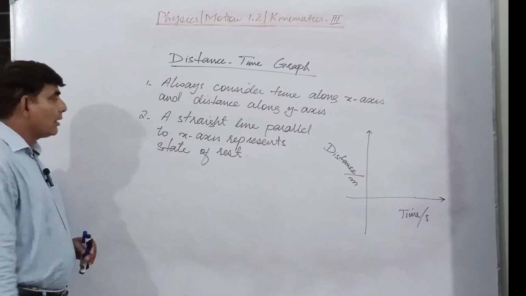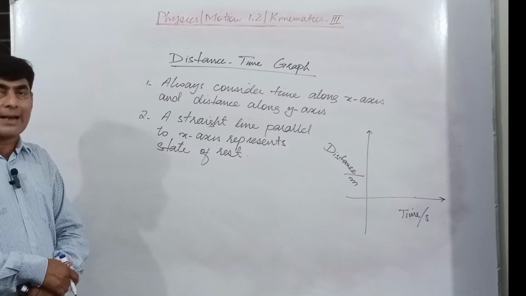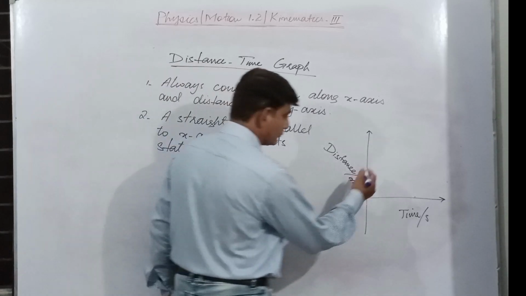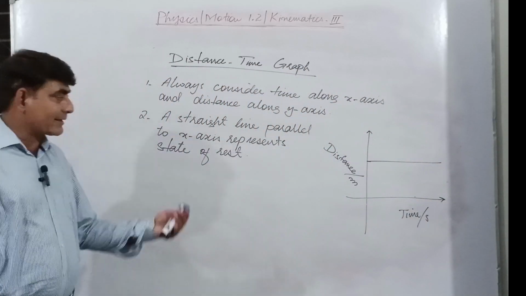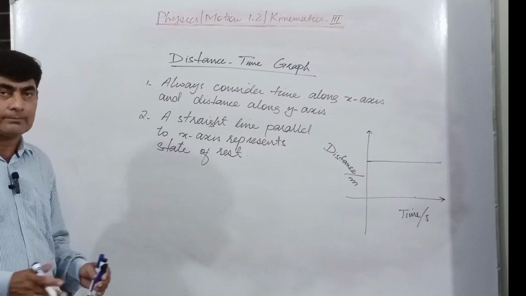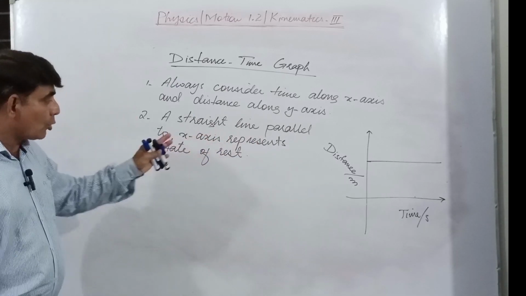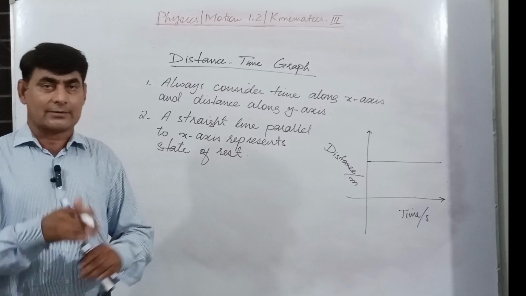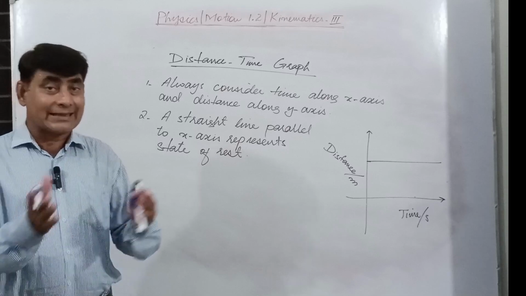So no movement, no change in position, right? Like this, this line is parallel to the time axis or x-axis. It means no further distance is going to be covered. But a line not parallel to the x-axis and not parallel to the y-axis represents something else.